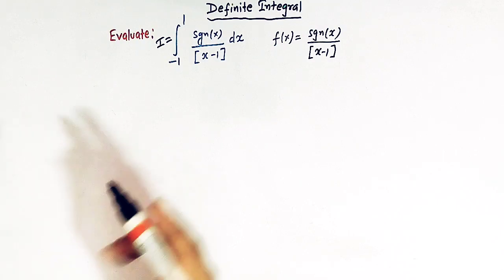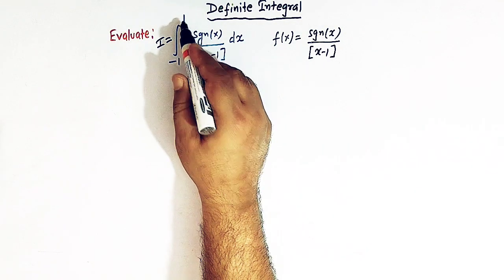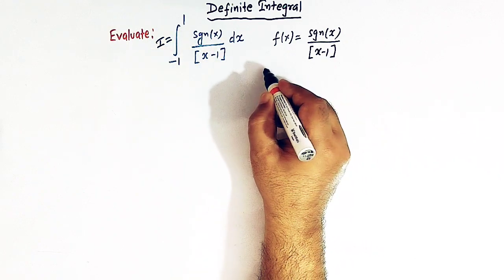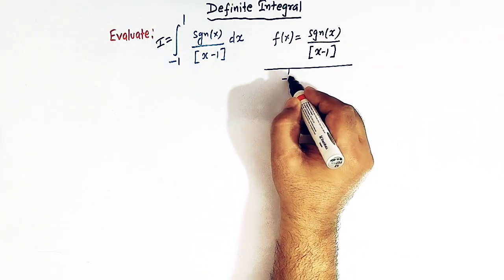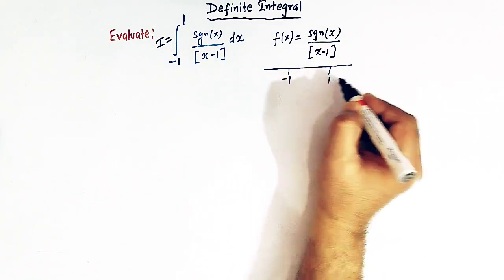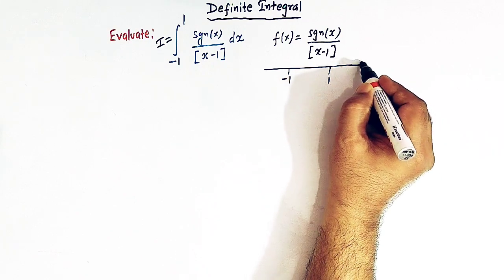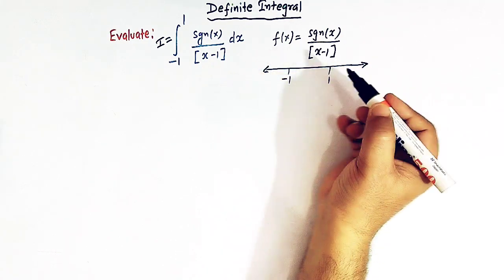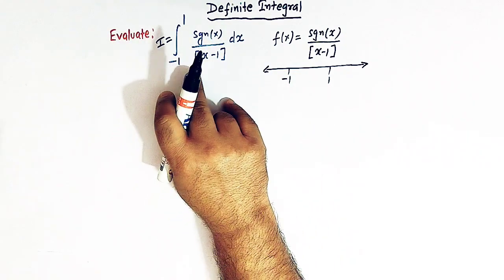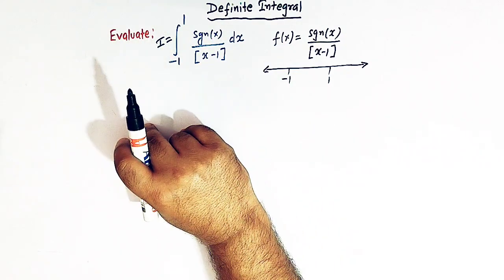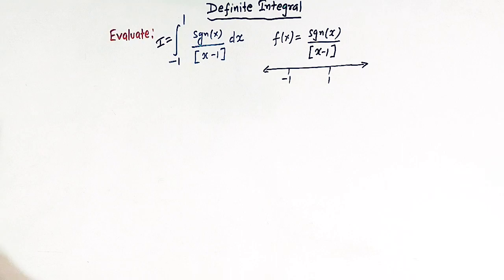Now see, here we have to evaluate the integral from minus 1 to 1, right? So here we have minus 1 and here we have 1 on the real number line, right? Now see, whenever we come across the greatest integer function, our prime objective is to search for integers, right?